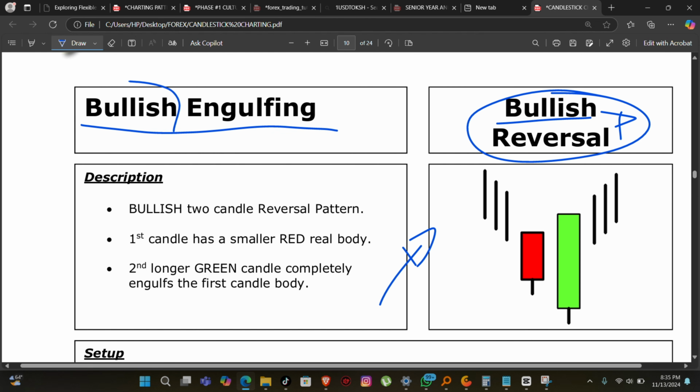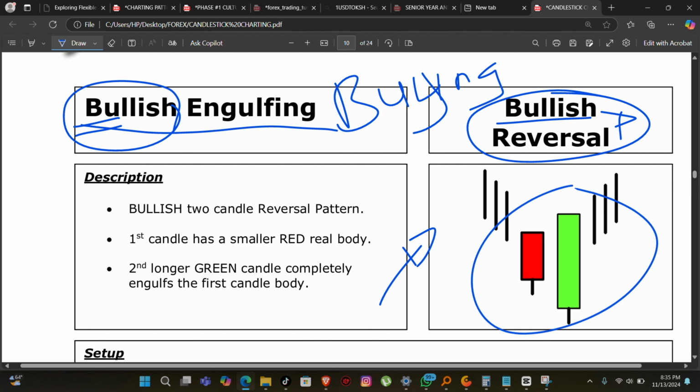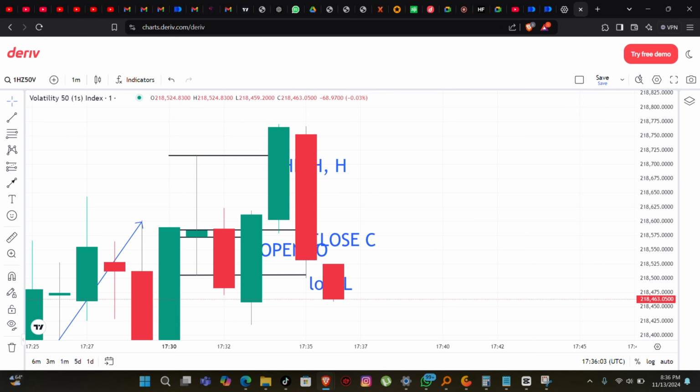If anything is bullish, it means it is buy. So anytime we see a bullish engulfing candlestick pattern forming, we are going to buy that market because that market will end up buying. So now I want to draw it in a better manner so that we can get to understand it well.